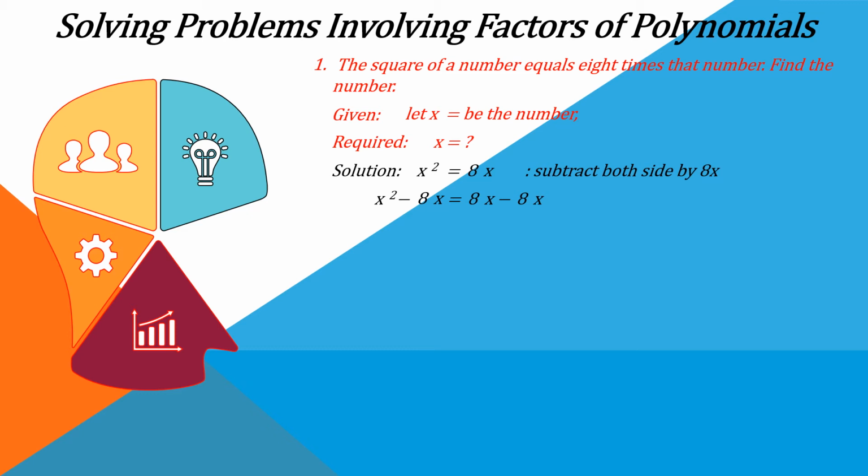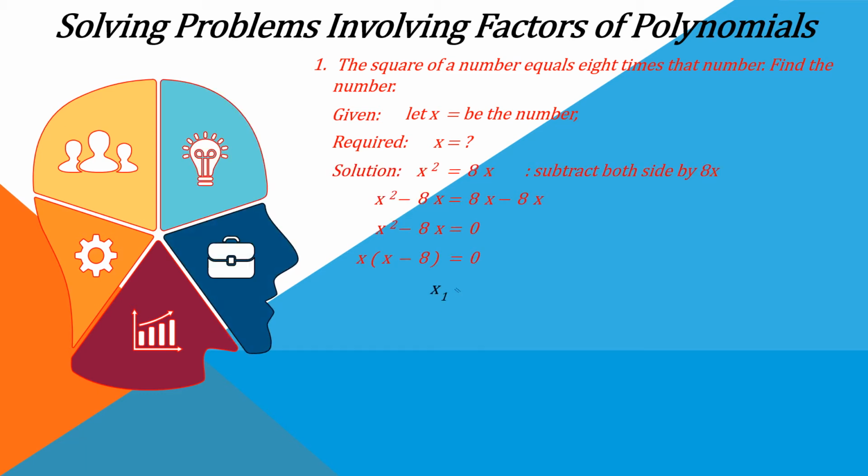Since on the right side of the equation, 8x minus 8x cancels, which is equal to 0. And now we can solve for x as x multiplied by x minus 8 is equal to 0. Therefore, our x sub 1 is equal to 0 and x sub 2 is equal to 8.